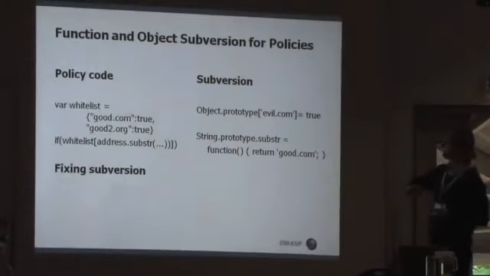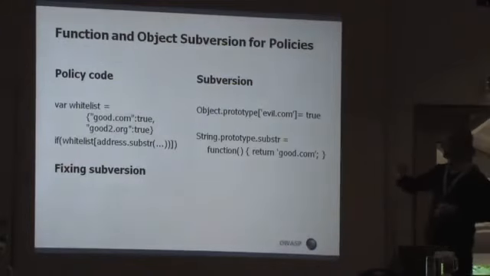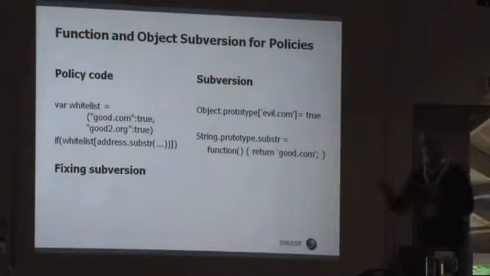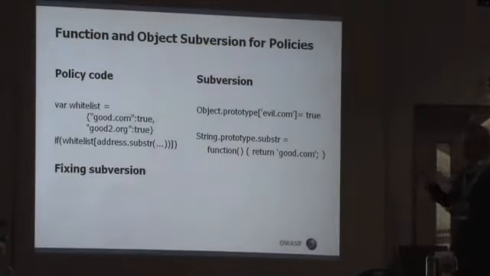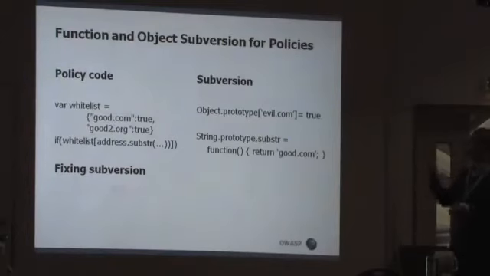Then it can be subverted by, for example, creating a global property that is associated with all objects, and that will be inherited by the whitelist, so that evil.com is also included in the whitelist.